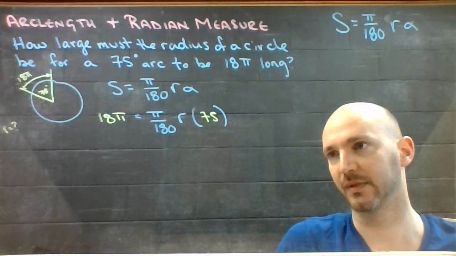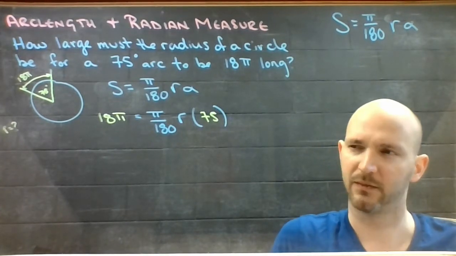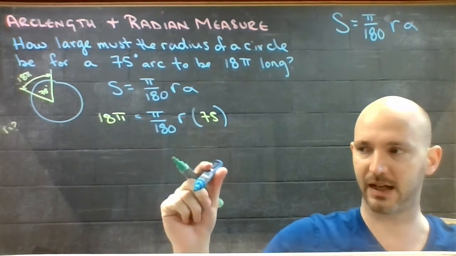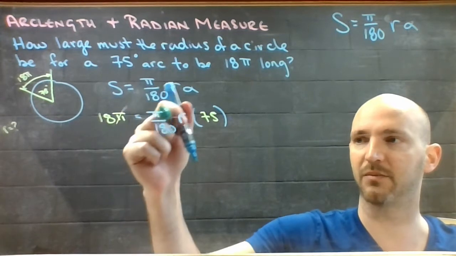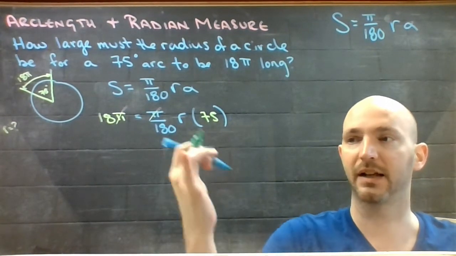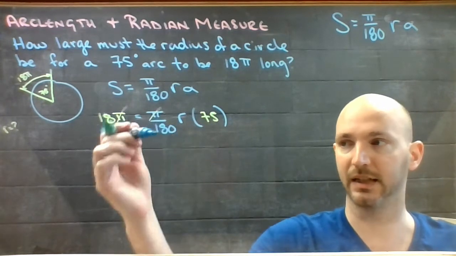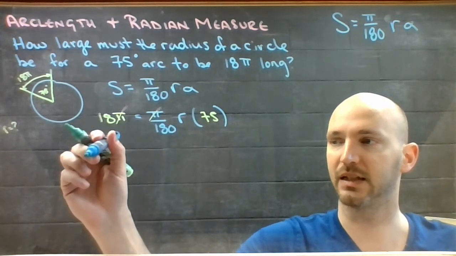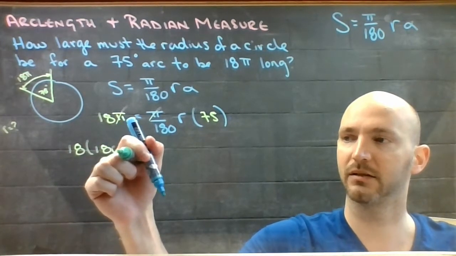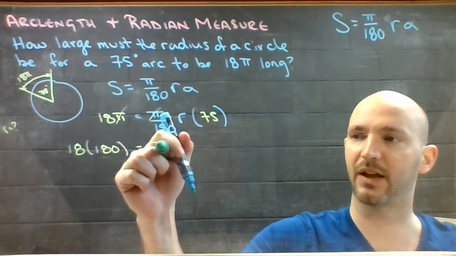Okay, so I have a little bit of work to do. First off, I'm going to notice that I have a pi on this side and a pi on that side. And those two things, if I divide both sides by pi, now they're gone. I can multiply both sides by 180, so that would give me 18 times 180 equals 75r.